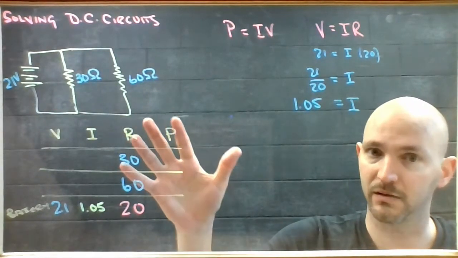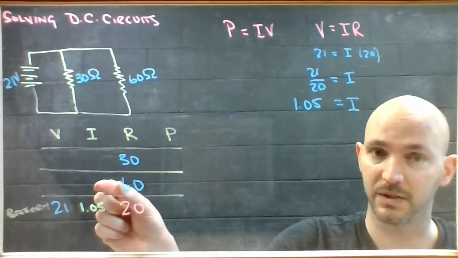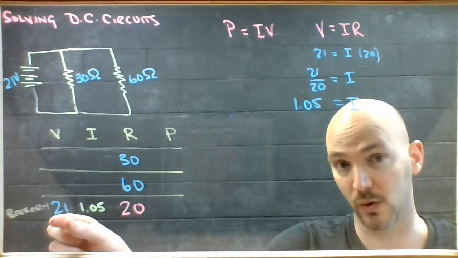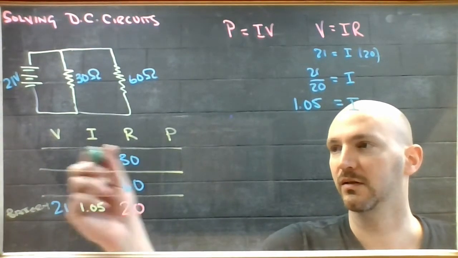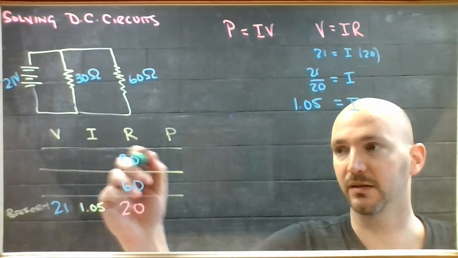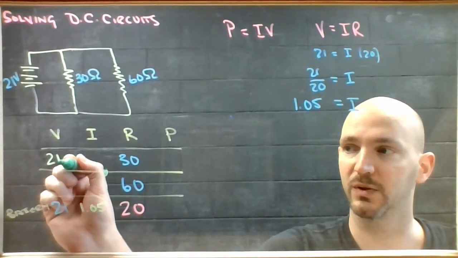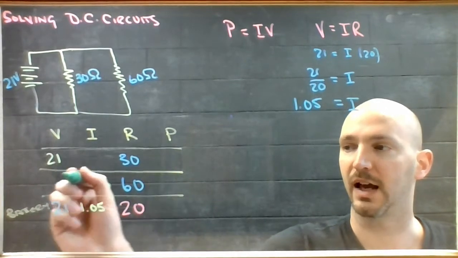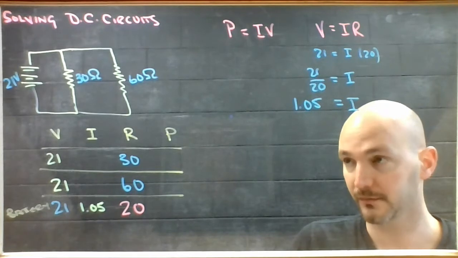So in a parallel structure, instead of copying and pasting the current up, I get to copy and paste the voltage up through the system. So because it's in parallel, this 30 ohm resistor is going to experience all 21 volts, as will this. All right.